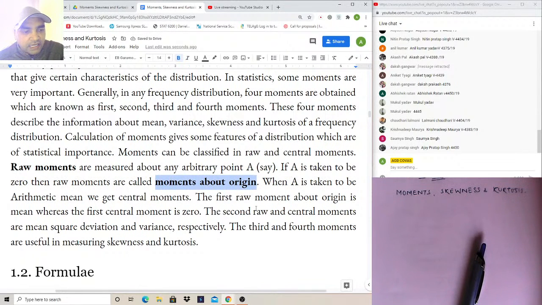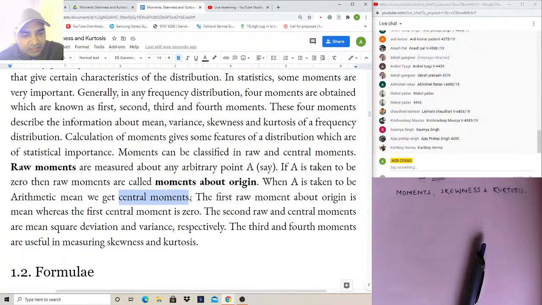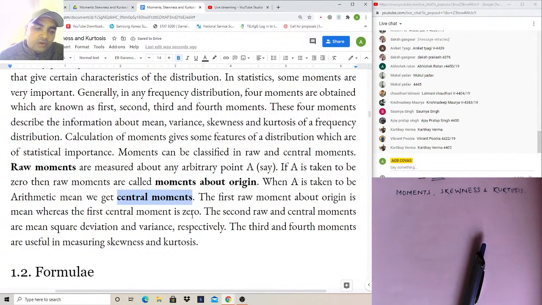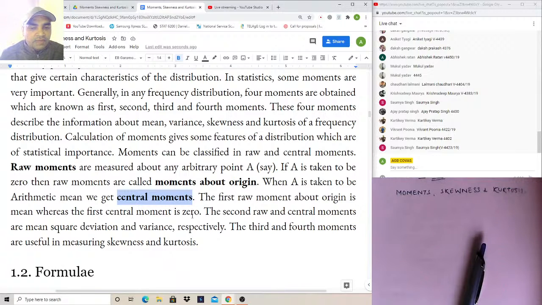And when A is taken to be the arithmetic mean, we get the central moments. So it depends on whether you take an arbitrary point, the origin, or the mean, and accordingly we get different moments, known as raw moments, moments about the origin, or central moments.